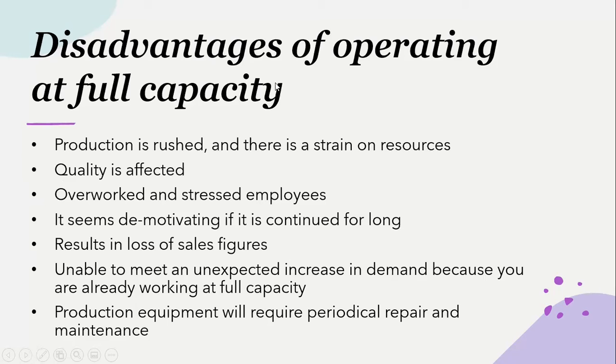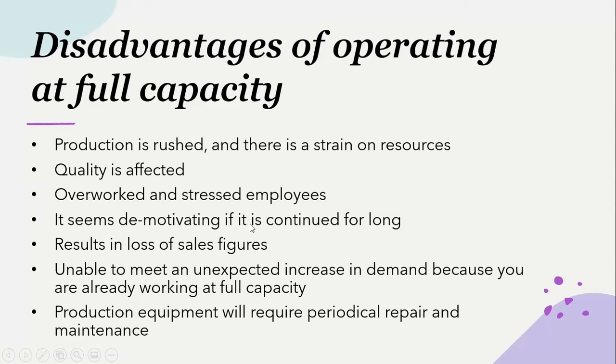There are certain disadvantages of operating at full capacity. And these are the various disadvantages. Production is stressed and there is strain on resources if we work at full capacity or more than the best operating level. Quality of work is affected. Overworked and stressed employees are the result of working more than the optimal level.